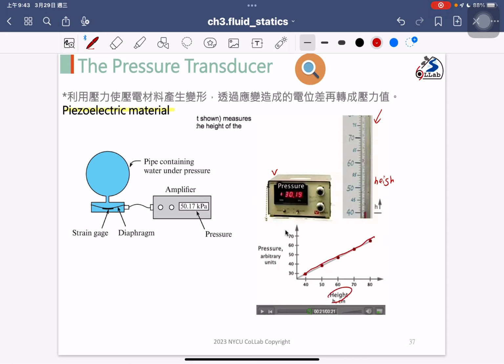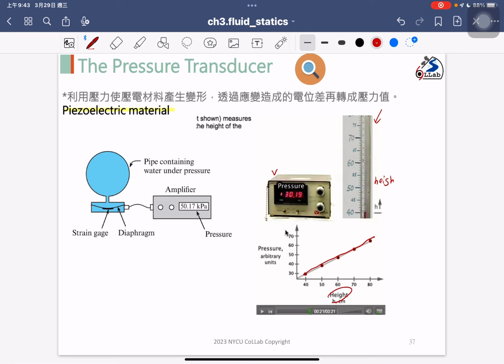So in the following applications, when we know how the voltage changes, we can, based on the equation here, convert it to how large the pressure is. So this is a very modern device.